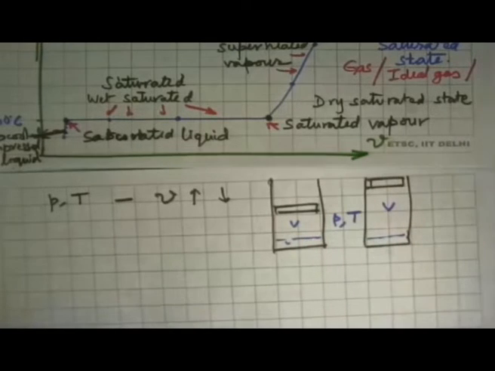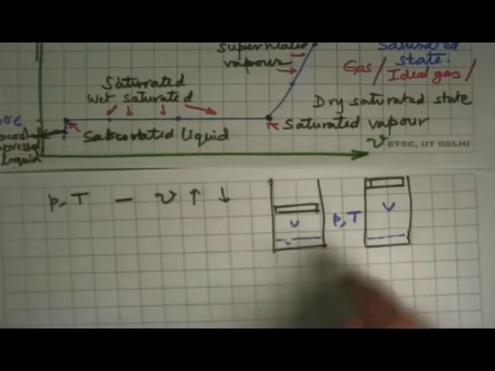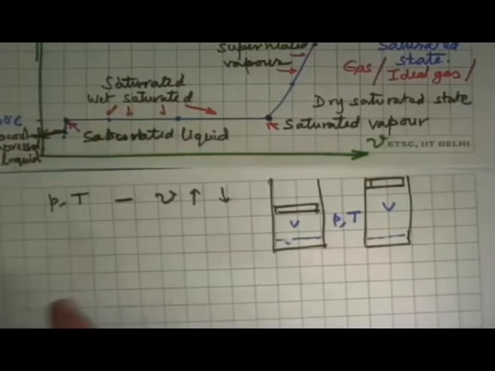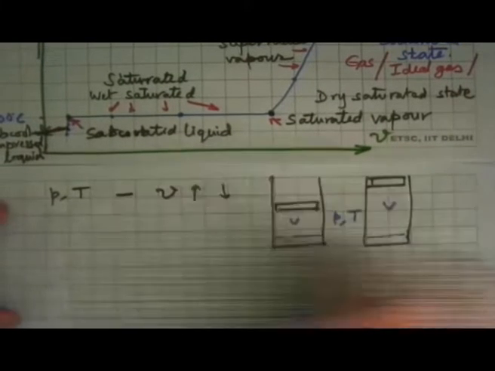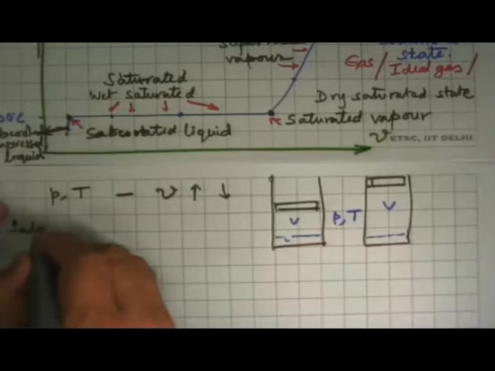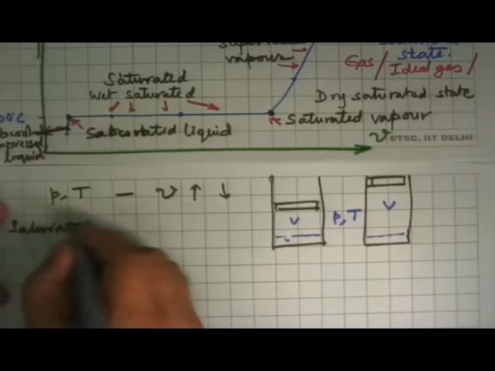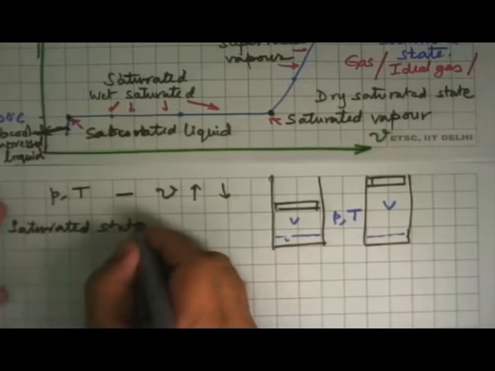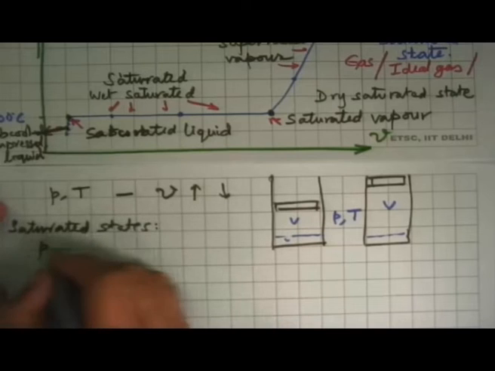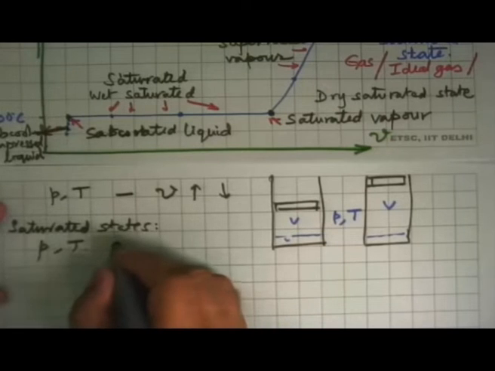So what it is telling us is that P and T are just not enough by themselves to tell us everything about the system, and what we get is that in saturated states, pressure and temperature are not independent of each other.